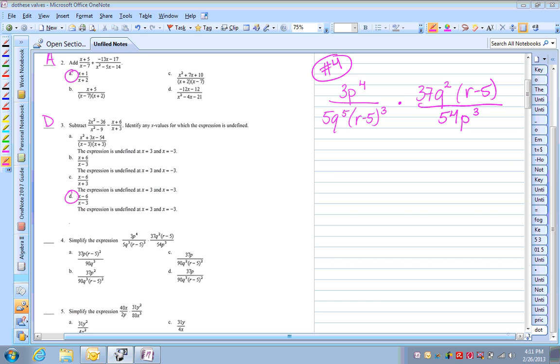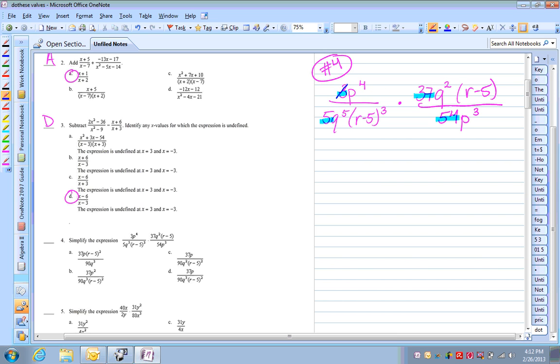Number 4 is asking us to simplify the following expression. So we're multiplying here, and we need to simplify, and the best way to do that is I look at my numbers first. So let's look at my numbers, or the coefficients, you could say: 3, 5, 54, and 37. I need to look at the numbers on the top and the bottom and see which ones I can cancel out, if there's anything I can reduce.